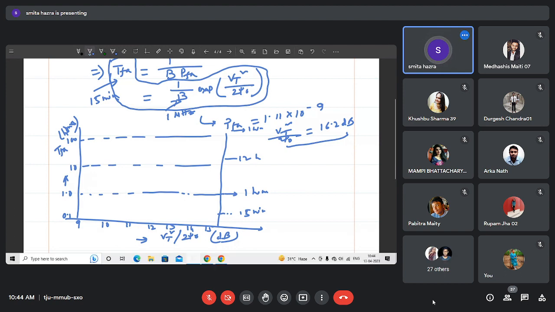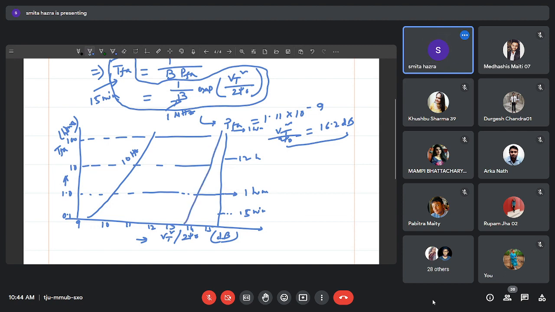And for the different bandwidth operations, if I plot this, then when the bandwidth is very small, 10 hertz, and this is for the higher bandwidth, even for 1 gigahertz. This is for 1 gigahertz. In the intermediate values, there are different lines.